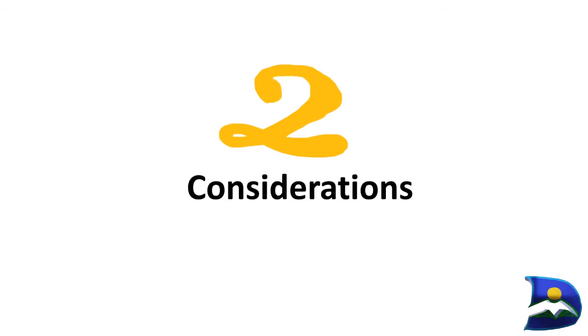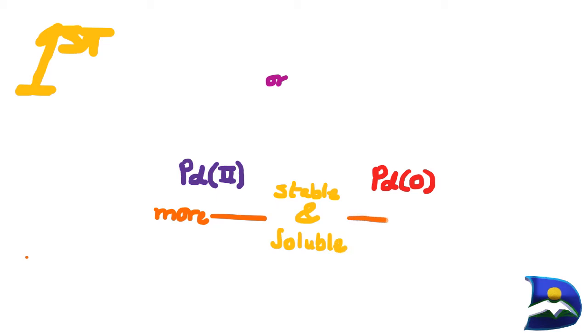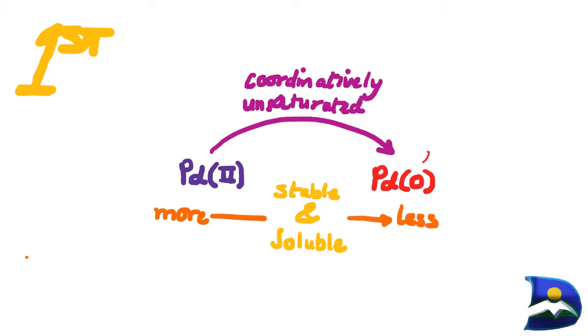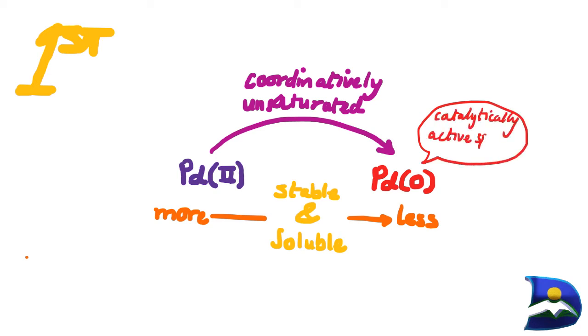So first is that using a stable and soluble palladium 2 derivative, in this case bis-triphenylphosphine palladium 2 chloride, instead of palladium 0, we actually give a coordinatively unsaturated, catalytically active palladium 0 species.